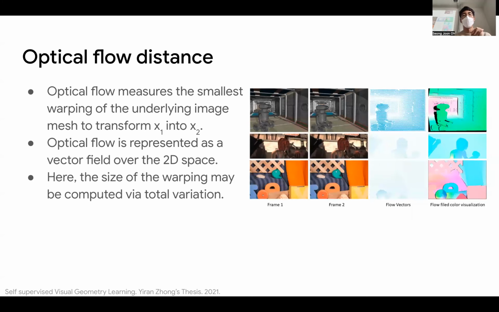So what is optical flow, first of all? Optical flow is used a lot in visual tracking or in videos in general. For two consecutive frames, you wish to do the matching of pixels across frames: which pixel in the image has moved to another location to make the second frame.